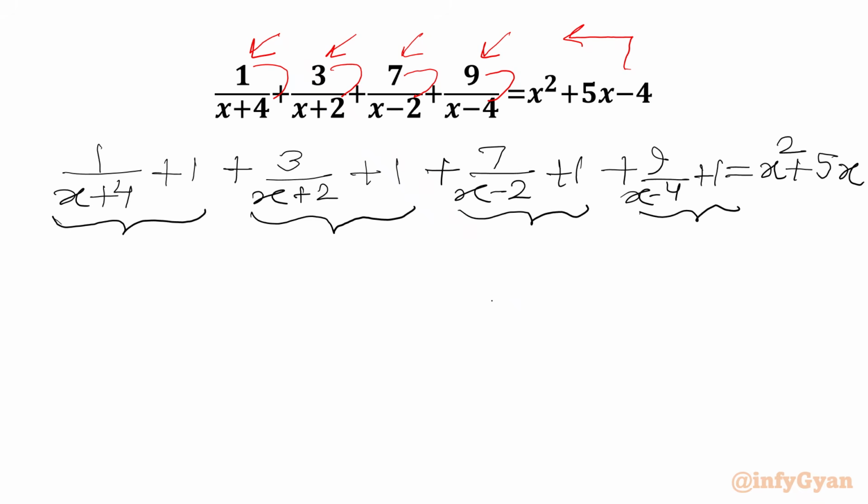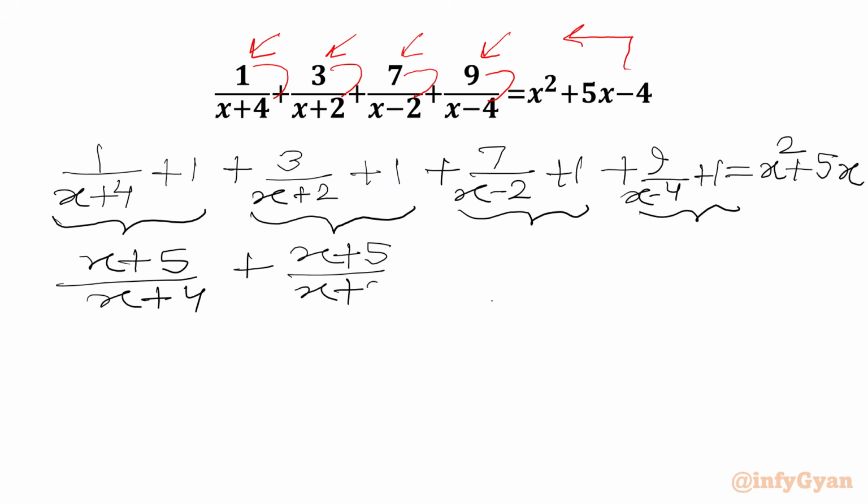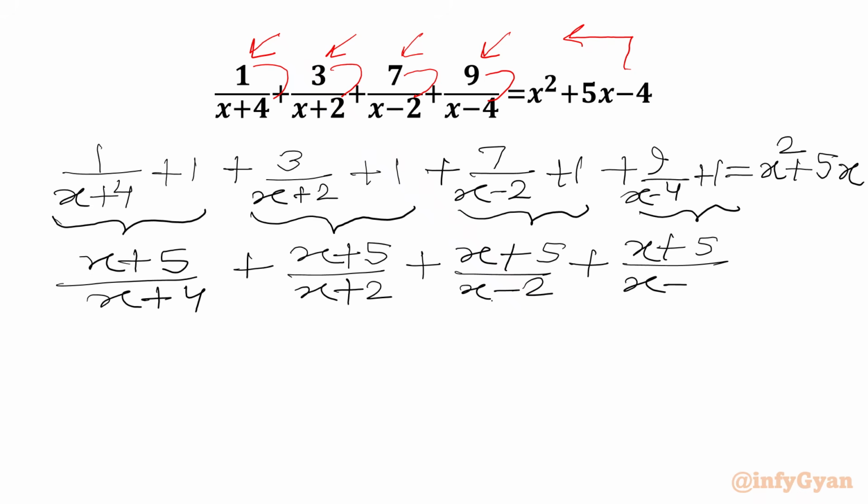We will get 1 plus x plus 4, which is x plus 5, in the numerator, and the denominator is x plus 4; plus 3 plus x plus 2, x plus 5 over x plus 2; plus 7 plus x minus 2, x plus 5 over x minus 2; plus 9 plus x minus 4, x plus 5 over x minus 4, equal to x is common. In the bracket we will get x plus 5.